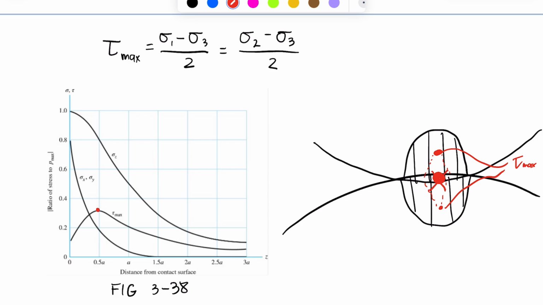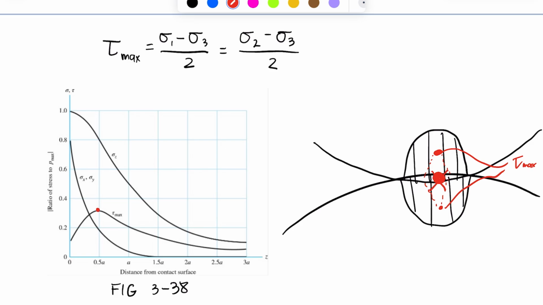And that shows up as something that people call pitting. So you'll see these little pinholes of material in the surface where we have contact fatigue. So this is a really interesting thing that comes out of Hertzian contact theory.